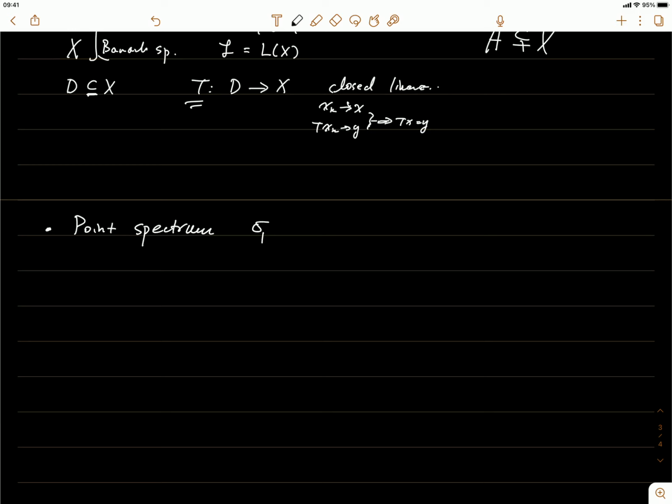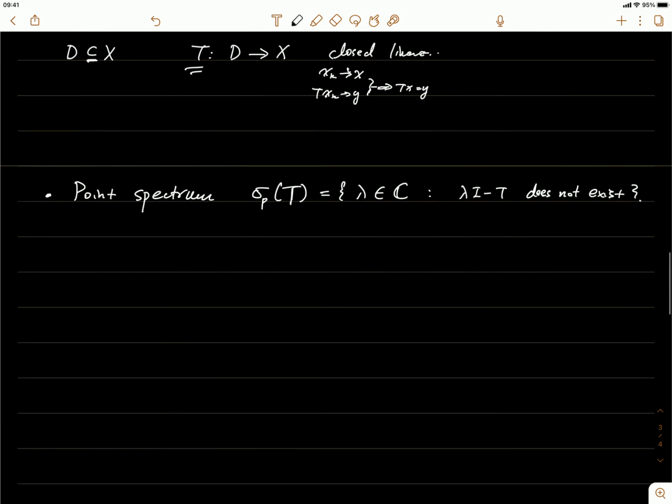We use sigma_p, where p means point, and T relates to the operator we have. For a closed linear operator, it is defined as all these complex values lambda such that the inverse of lambda I minus T does not exist. In this case, we call lambda an eigenvalue of T.